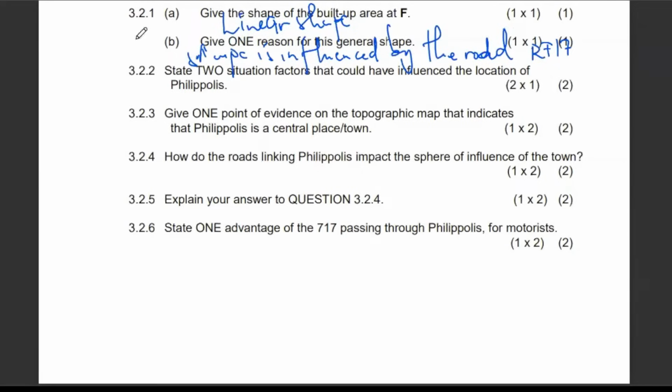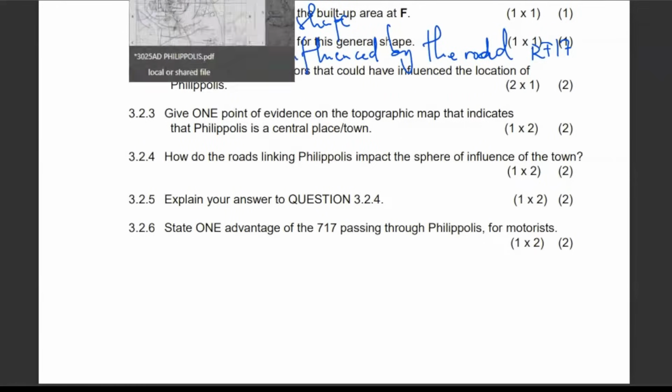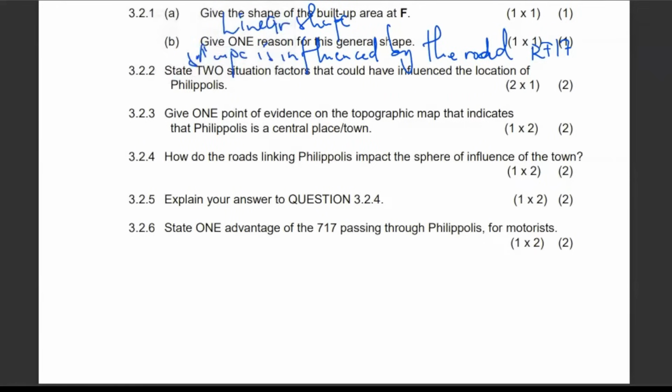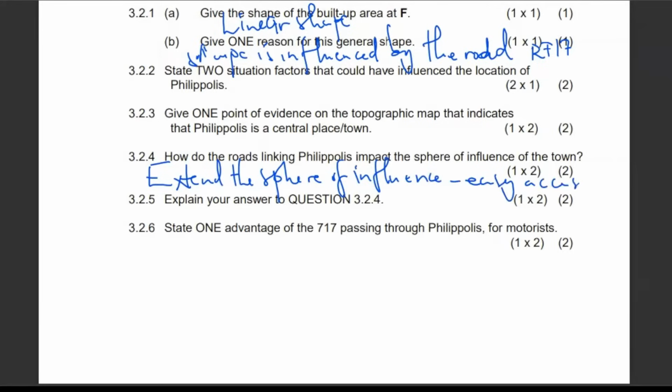So the roads linking Philippolis are going to extend the sphere of influence. How? Because of ease of access. If a place is easily accessible, people are willing and able to travel from longer distances to access services in that particular central place.